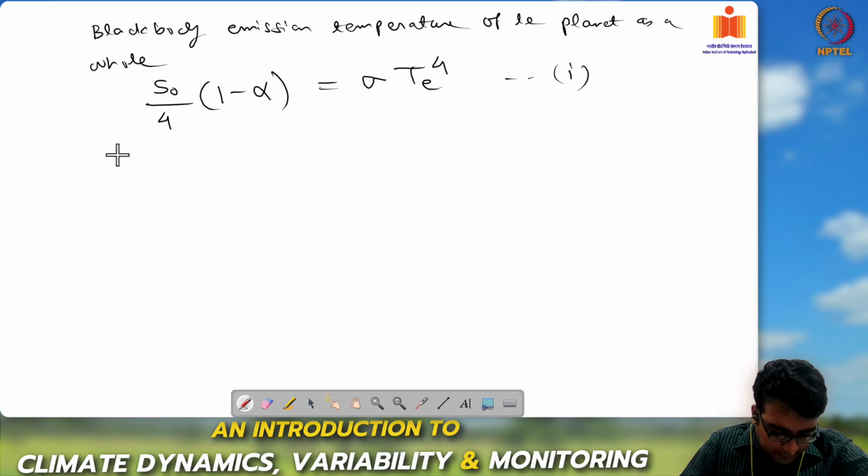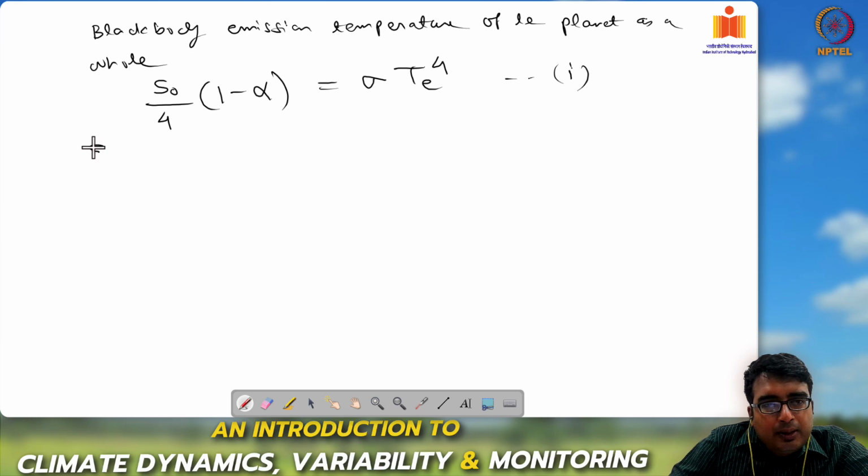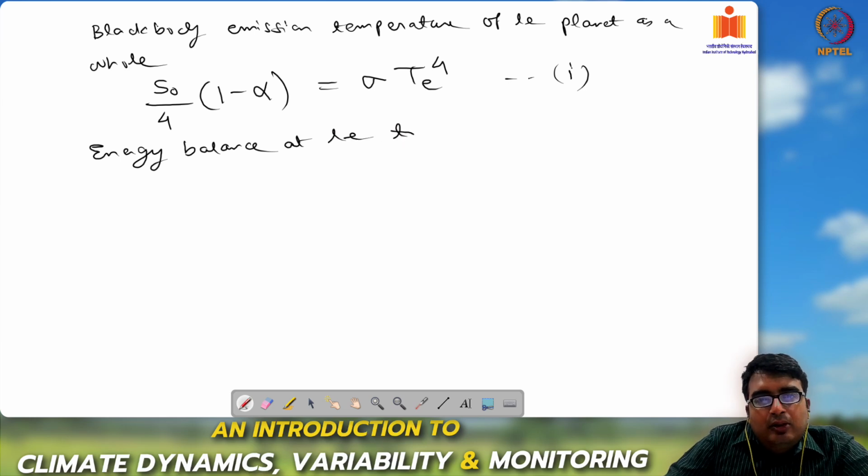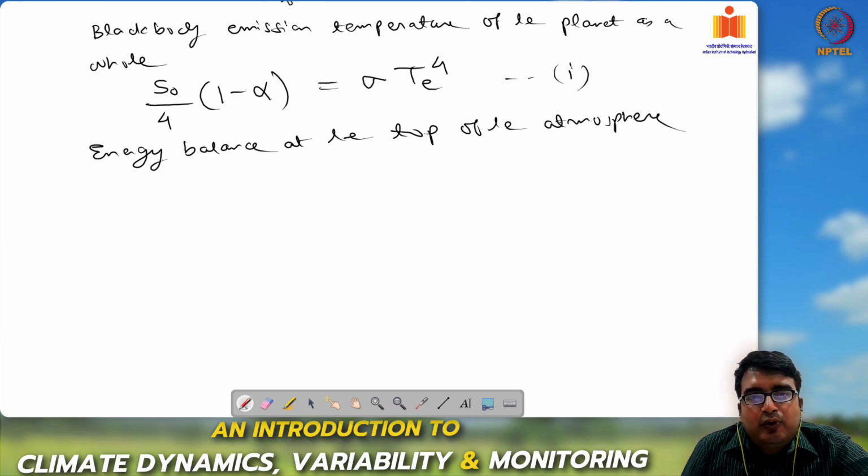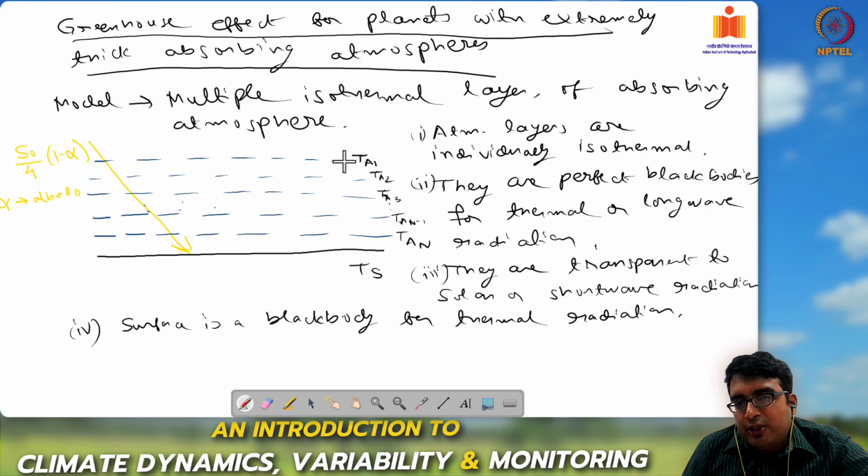Okay. Then energy balance at the top of the atmosphere. So the top of the atmosphere is only seeing thermal radiation from the first atmospheric layer TA1. Remember, these atmospheric layers are absorbing all ground radiation.